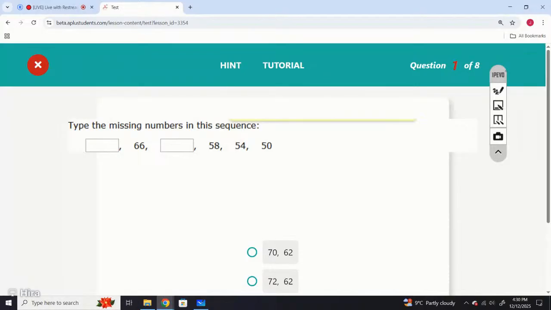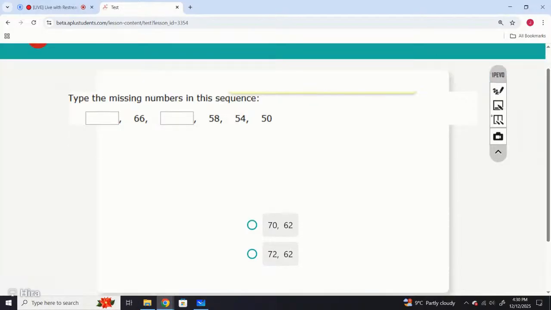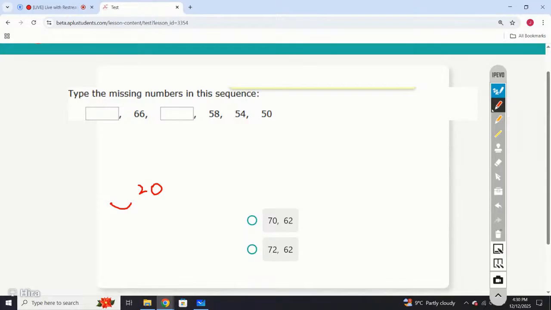Type the missing number in the sequence. 58 minus 4 is 54. 54 minus 4 is 50, so we need to add 4. 58 plus 4 is 62, 66 plus 4 is 70.